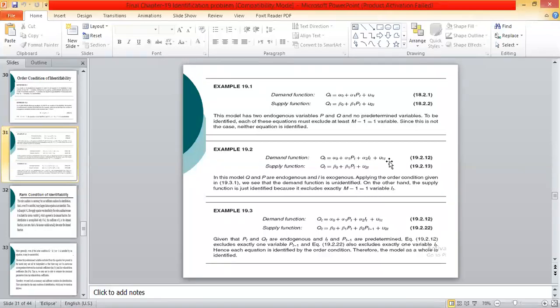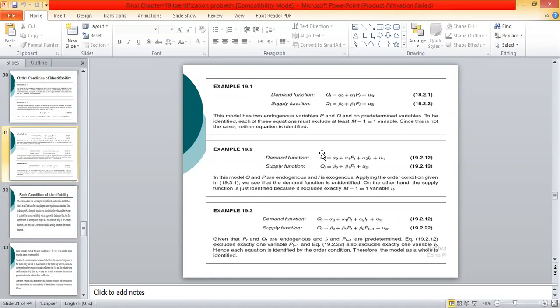We want to examine the identification of these two equations using the order conditions. The simple way: calculate the total number of variables included in the model, and that is quantity, price, and income.